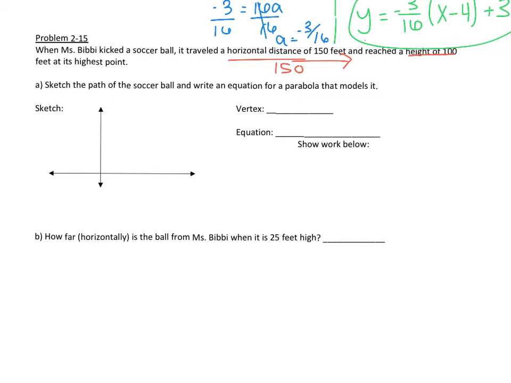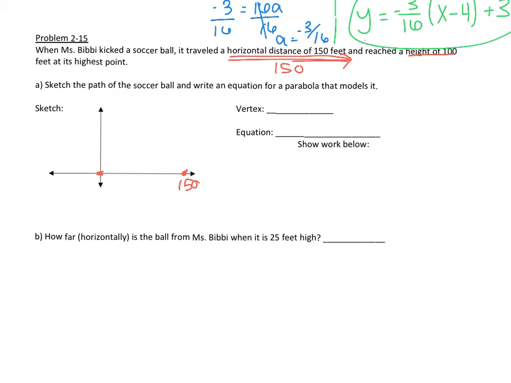So I'm going to go with my preferred method, which is using the point 0, 0 on the graph. So remember that someone kicked a ball and it traveled a total of 150 feet. So I'm going to make the origin kind of the starting point of where that ball was kicked, and it traveled a total of 150 feet. So 150 would be over here.